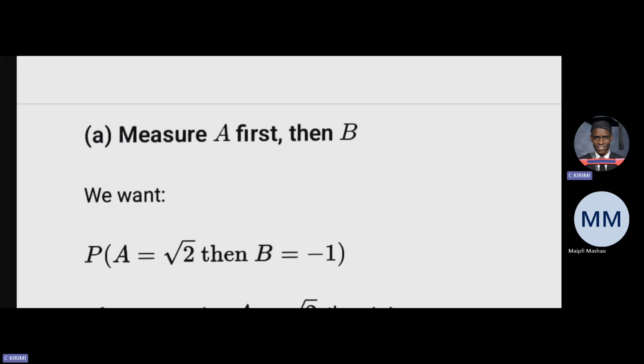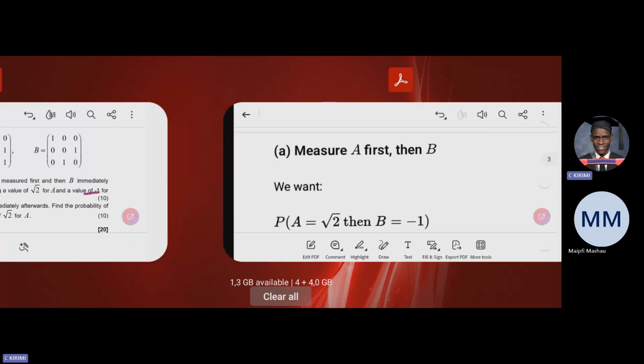From the question, it says, what is the probability?